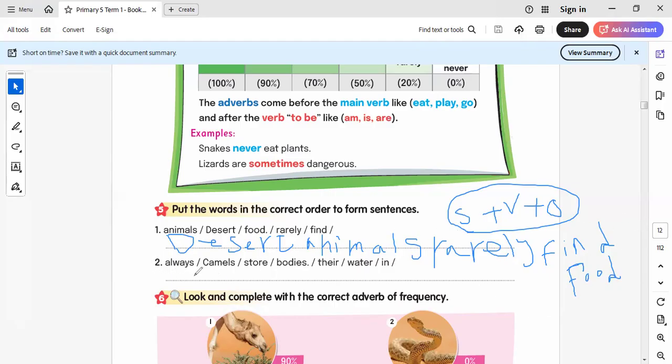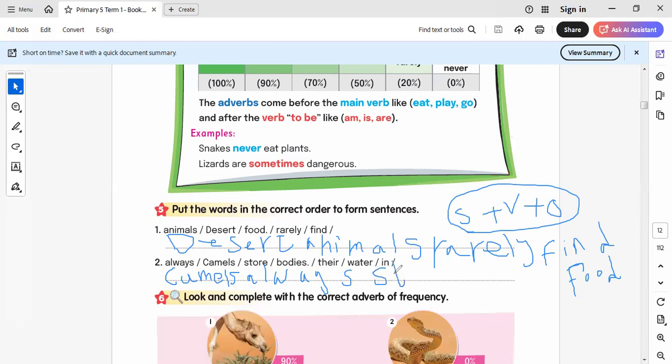Let's go to another one here. Here is camels. Always. Store water. Camels always store water.